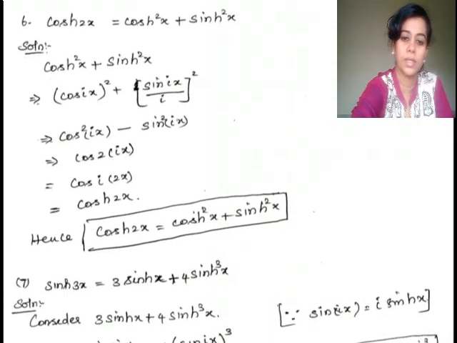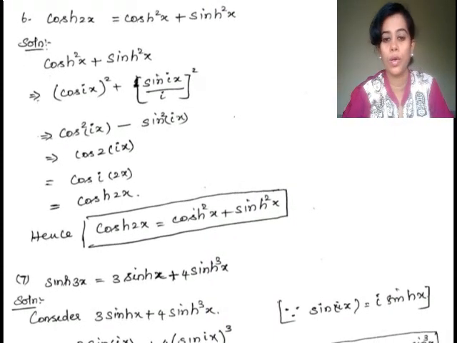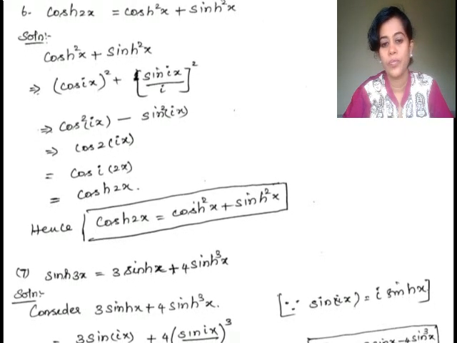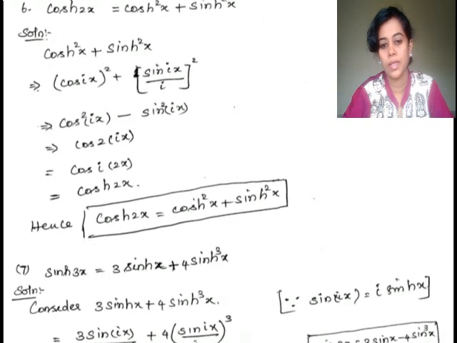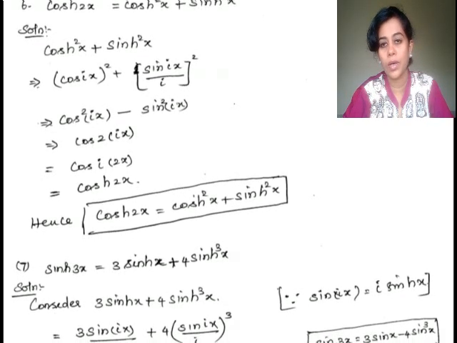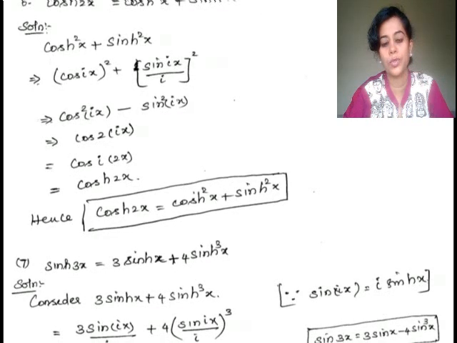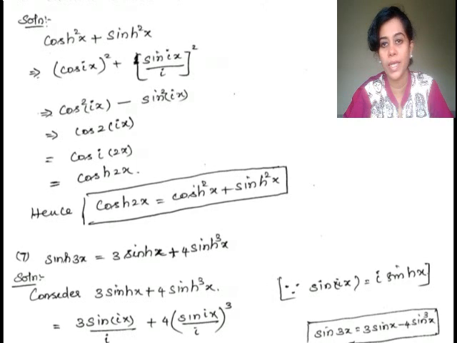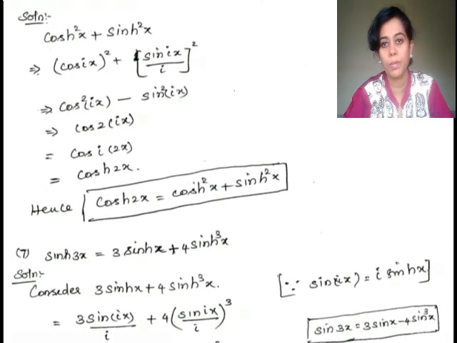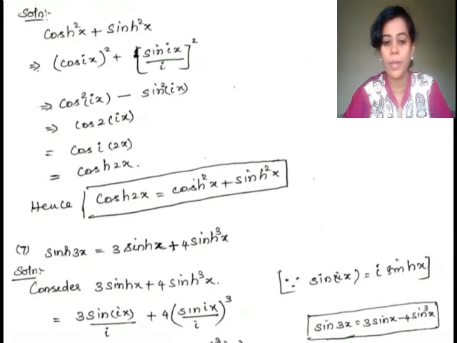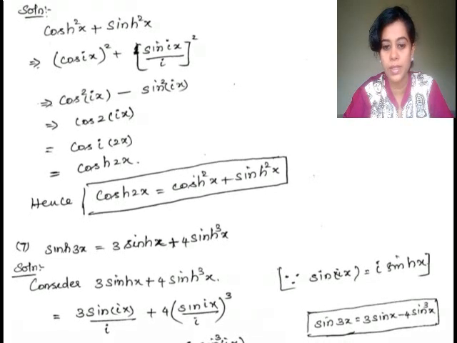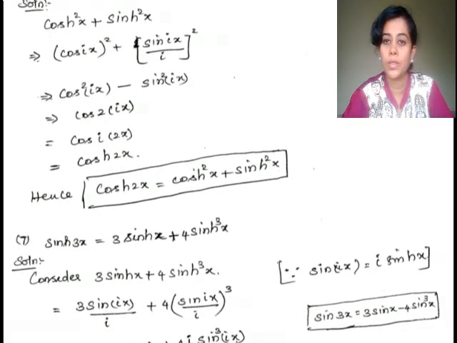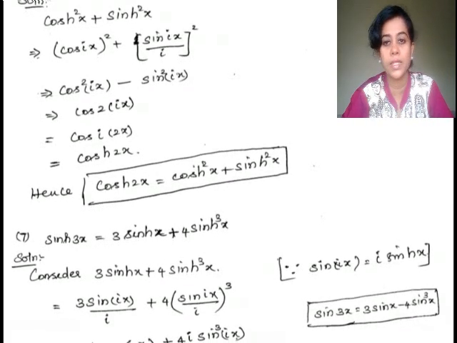So the next result says cosh 2x is equal to cosh squared x plus sinh squared x. Consider the right hand side, cosh squared x plus sinh squared x, and that can be written as cosh x will be cos ix. So therefore cos ix the whole squared plus sinh x is equal to sin ix by i. So it is sin ix by i the whole squared, and this will be equal to cos squared ix minus sin squared ix. Why is it minus? Because the squaring applies to both sin ix by i squared.